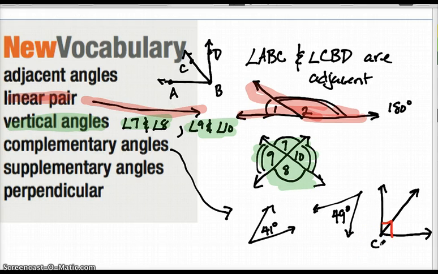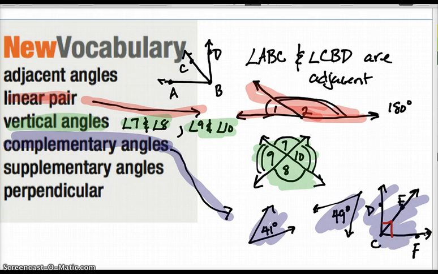Let's call this vertex C, let's call this D, and this point E and F. I can say that angle DCE and angle ECF are complementary just by the fact that I see when you put them together, they're going to make a 90-degree angle. So the sums might add up to 90 degrees and they may not be adjacent, or they might actually fit together to form a 90-degree angle, so I can visually see that they are complementary. I'll highlight that in purple and also highlight this part of the notes to say that we've got these complementary angles here.